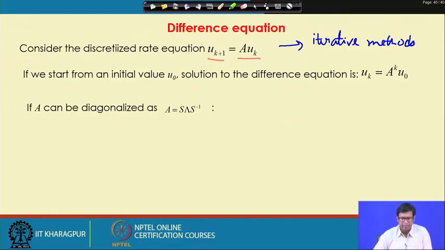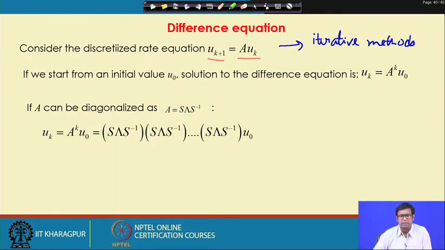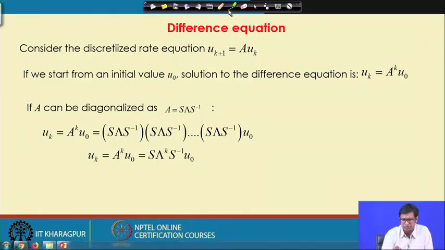Now, if a can be diagonalized as a is equal to s lambda s inverse, which is always possible, we will get u k is equal to a to the power k u 0, which is s lambda s inverse, s lambda s inverse, s lambda s inverse u 0, and we have seen that a to the power k will be nothing but s lambda to the power k s inverse.